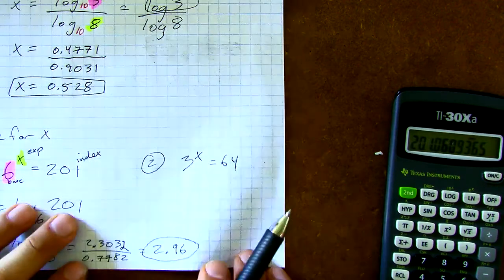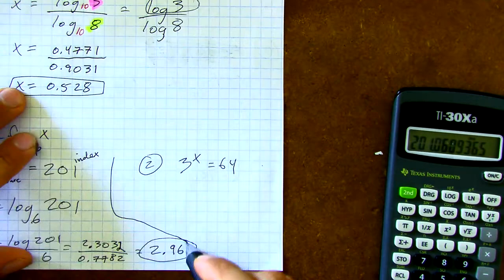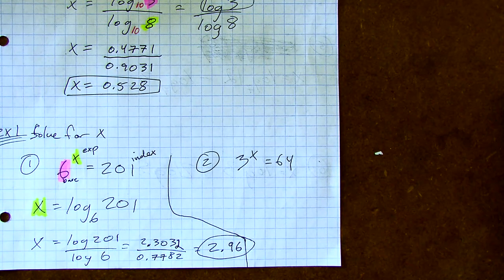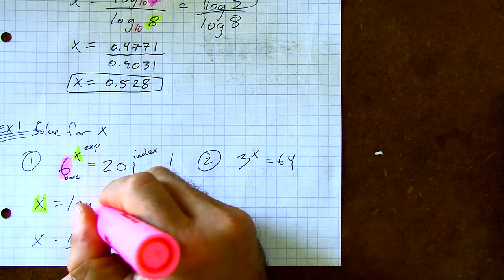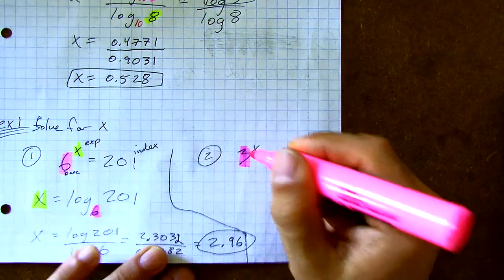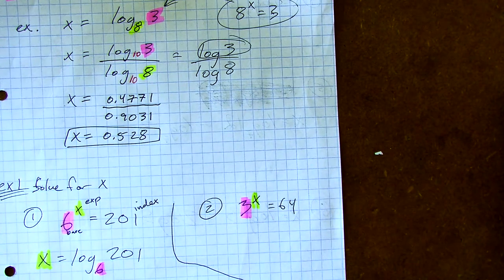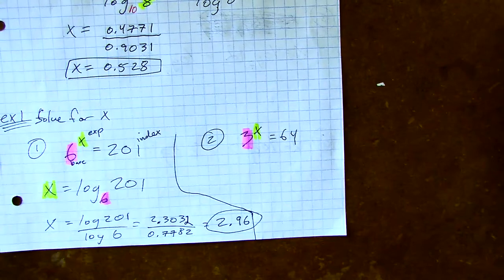So let's try this next one. I'm going to let you do this one all the way out. Go ahead and first change this into a log. Change of base it, and done. All right, oh, that goes here. So I'm highlighting the base in pink, the exponent in fluorescent yellow.